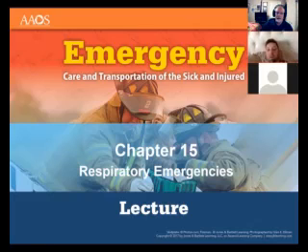Here's a rule of thumb, and I don't state this nearly as eloquently as Paul Whitfield, but I'm going to give it my best shot anyway. If you have a patient with an abnormality in rate of respirations, rhythm of respirations, or depth of respirations, coupled with signs of shock, you need to provide positive pressure ventilation.